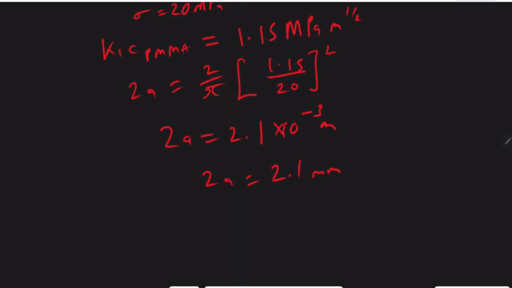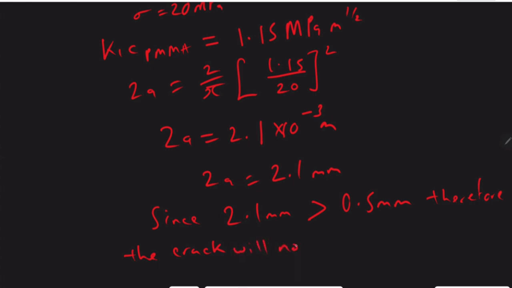So we can now conclude that since 2.1 millimeter is greater than 0.5 millimeter, which is the crack in our material, the crack will not propagate at 20 MPa. So that's the answer for this one.